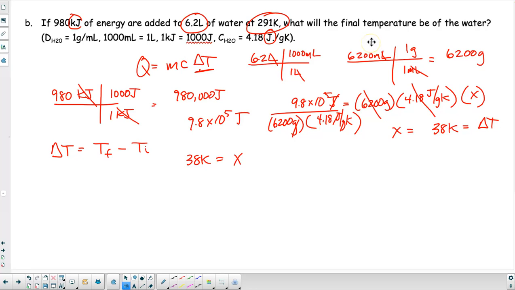The initial was given in the problem, and so that was 291 Kelvin. Well, to solve for x, add 291 Kelvin to each side. This goes away. x is going to be 329 Kelvin.